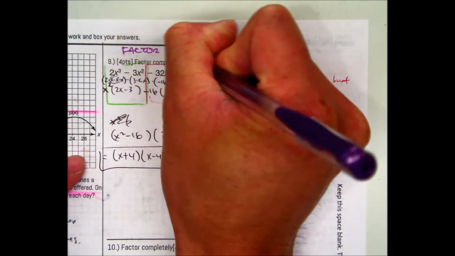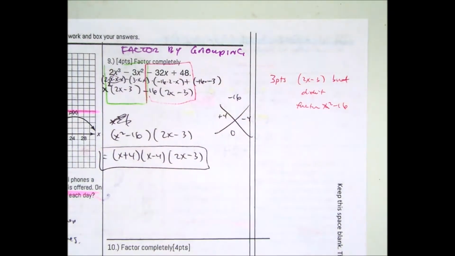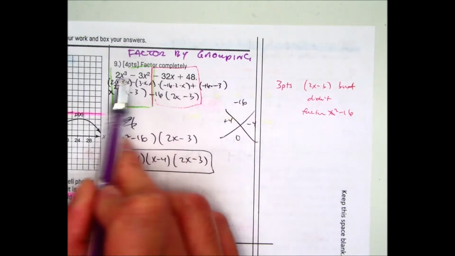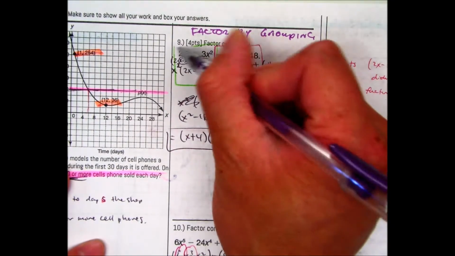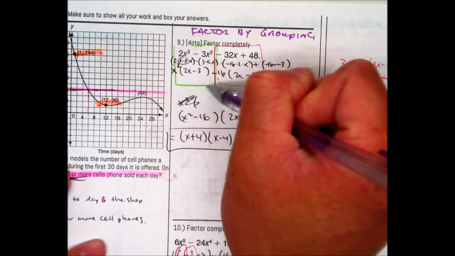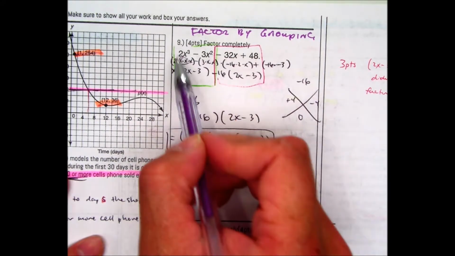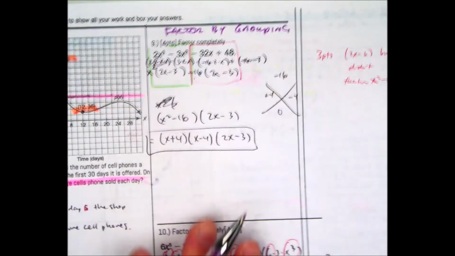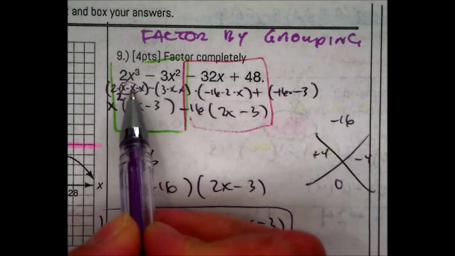Factor by grouping. So in factoring by grouping, you should automatically see that there are 4 terms. Well, what do you do? You have 2 sections. You have this green area, and you have this red area. The green area, if you wrote them out in factors, you have 2 times x times x times x.